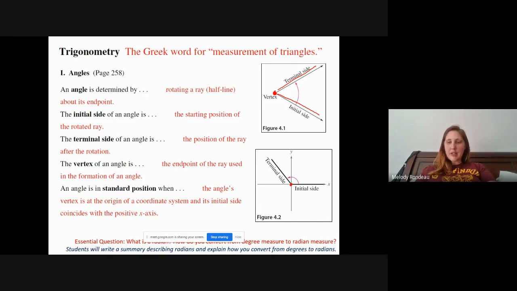The initial side is going to line up with the x-axis. Always, that's going to be our standard. That's why it's called standard position. We're always going to measure from the initial side going counterclockwise around the coordinate plane. The terminal side is where we stop measuring. So this is our end or stop point, and the initial is where we start.